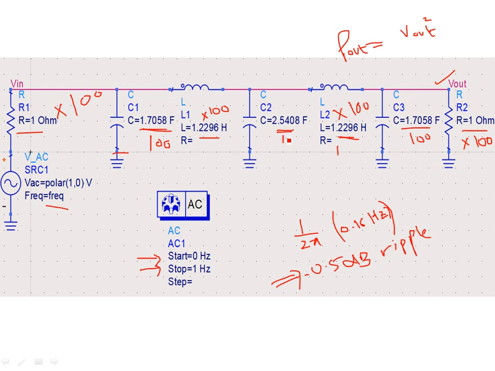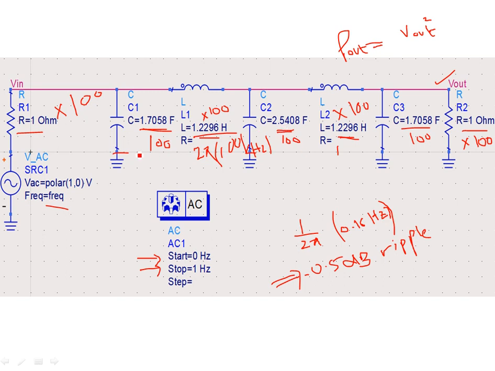So, this is your capacitances and inductances for the scaled circuit. Well, not quite yet, because we also have to scale the frequency. In order to scale the frequency, we have to divide the entire thing by 2 pi times 100 kilohertz, and you have to do this procedure with all the reactances.